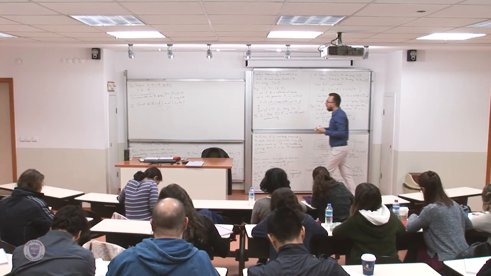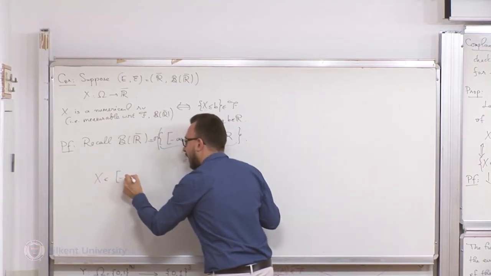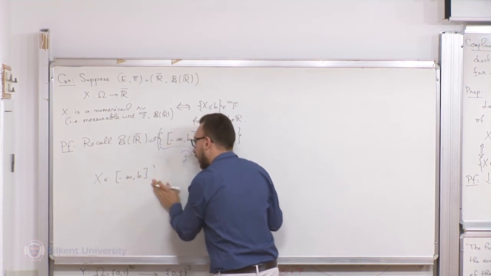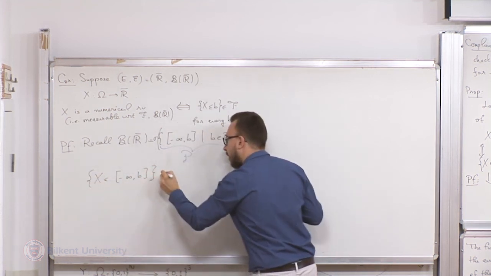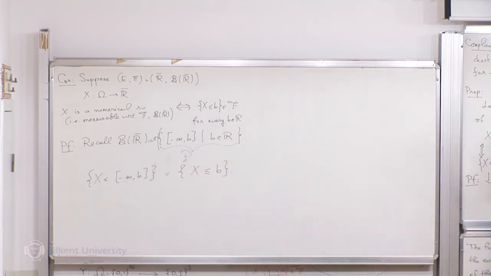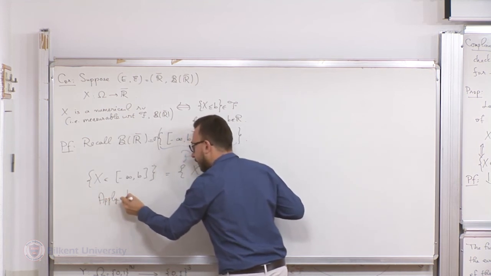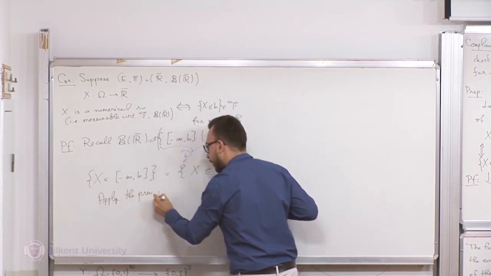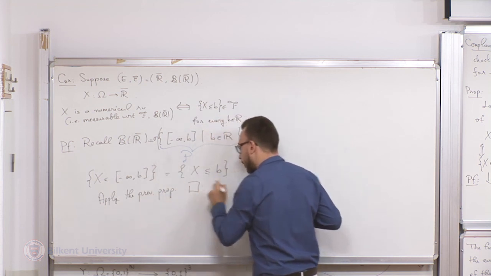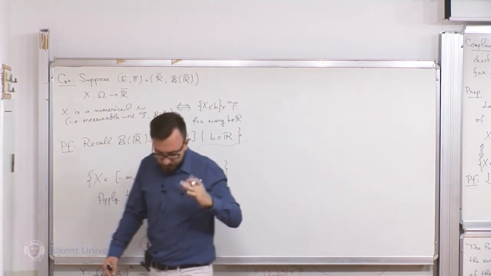We don't even need that. So {X in [minus infinity, b]} is something that we just write this way in short. And just apply the previous proposition. It's a straight application.